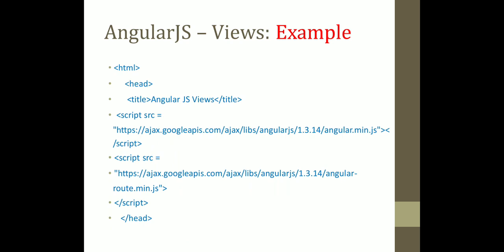Like here we have started this HTML head tag and given the title as AngularJS views, and this script source is included with the Ajax link. Okay, and there is the end of this script. After that, we have included another script source that is also an Ajax link with angular-route.min.js. Okay, and there is the end of another script as well, and here it is the end of the head section.